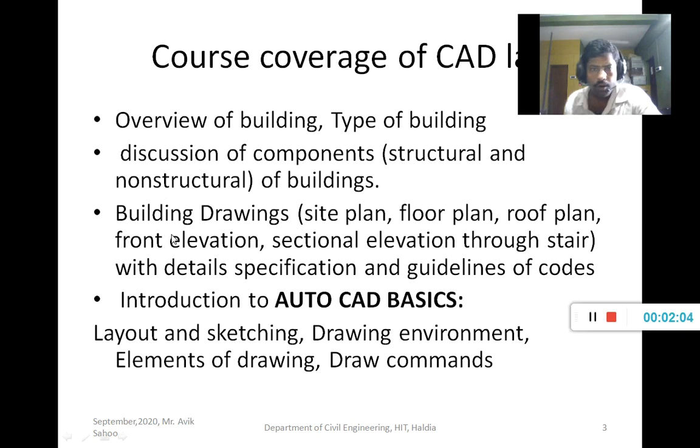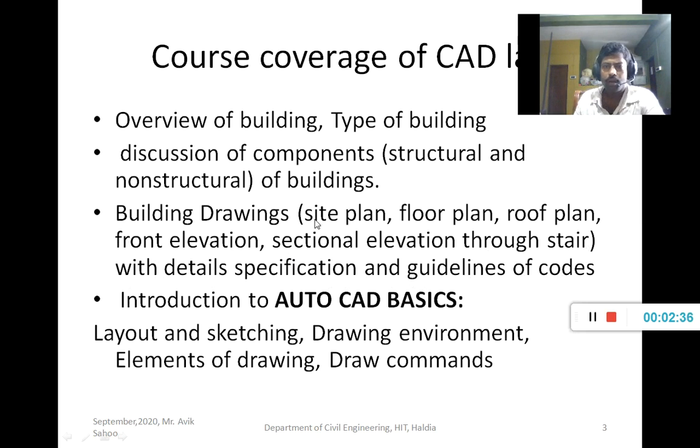One is structural and another is non-structural. Now the building drawing consists of different plans, like the site plan, which is a location plan, then floor plan, roof plan, front elevation, and sectional elevation through the stair, with detailed specifications and guidelines of the code.